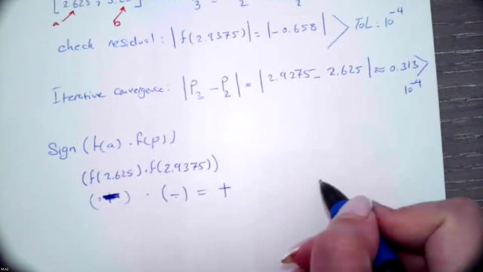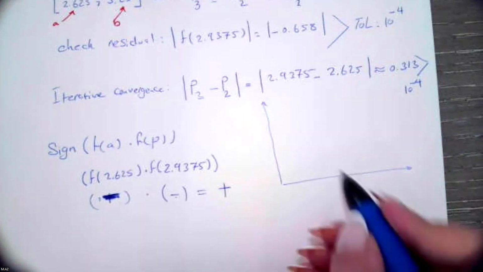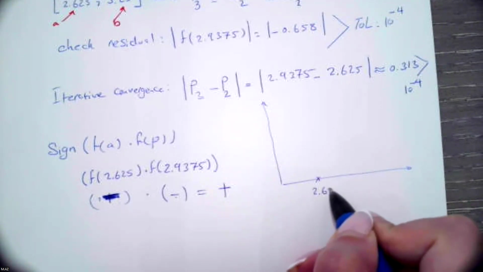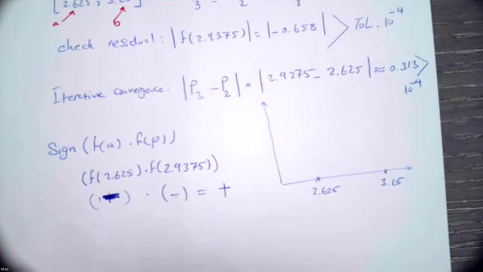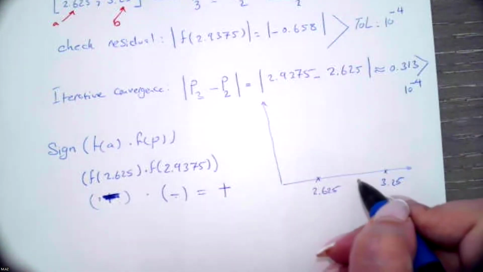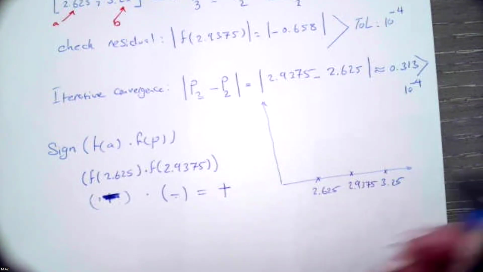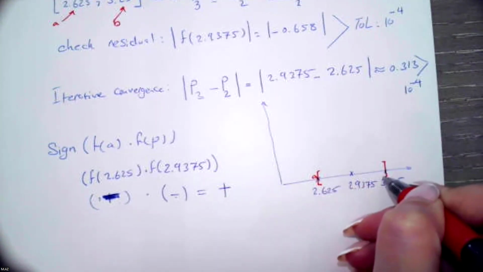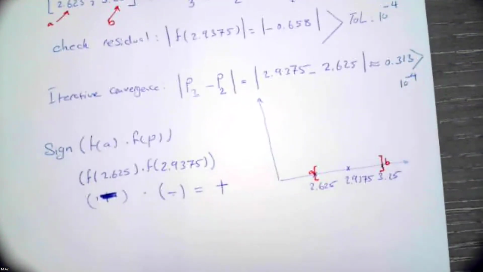Let me draw it. This is the interval for the third iteration, 2.625, 3.25. And this is the midpoint for the third iteration. Again, this is the A and this is the new B for the third iteration.